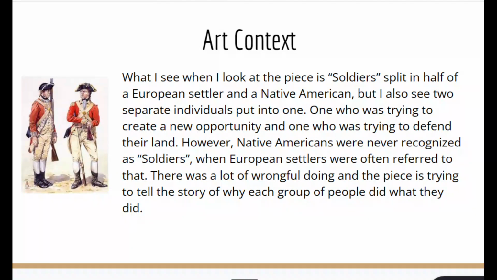However, Native Americans were never recognized as soldiers when European settlers often were, which I thought was strange. And there was a lot of wrongdoing, and the piece is trying to tell the story of why each group of people did what they did. And it's just crazy how much context just as simple of an image as what I showed you guys has.